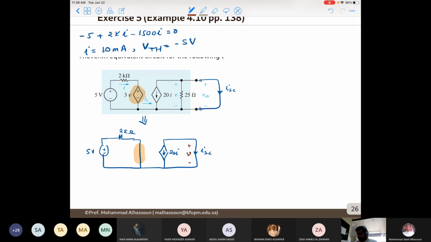Okay, so what is the I short circuit current here? It will be minus 20 I. So what is I? Going back to this loop, I will be 5 divided by 2K, and this is going to give you 2.5 milliampere.